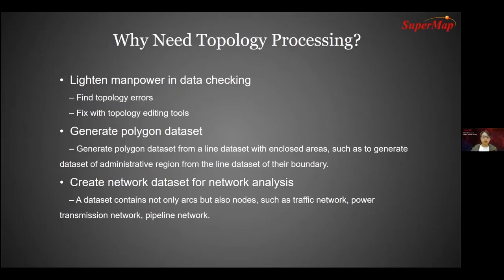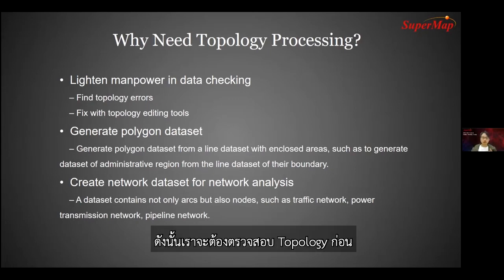So here the network dataset is a dataset that contains not only arcs but also nodes. So the topology relationships must be checked before we could construct the network dataset.